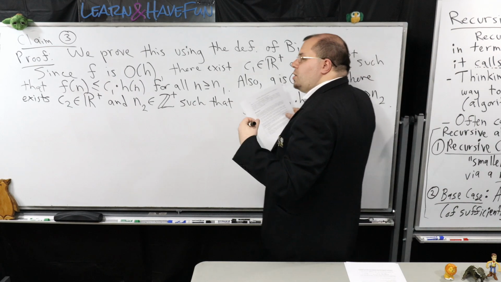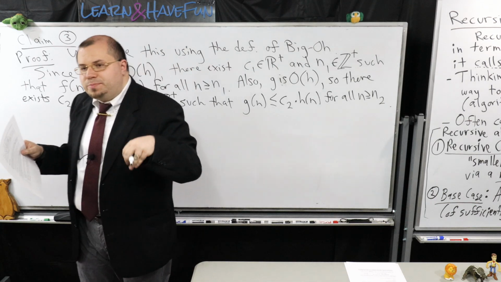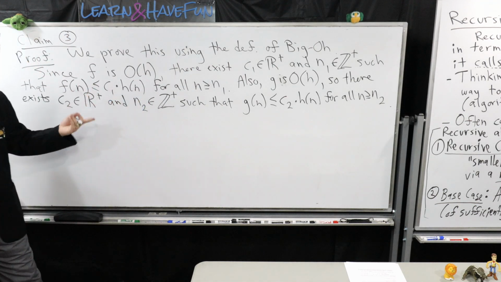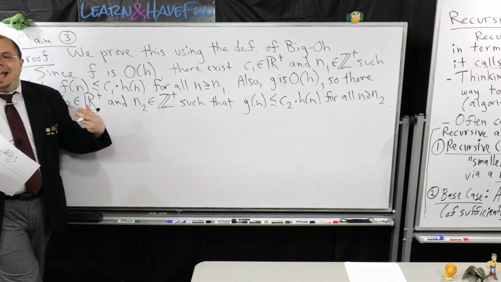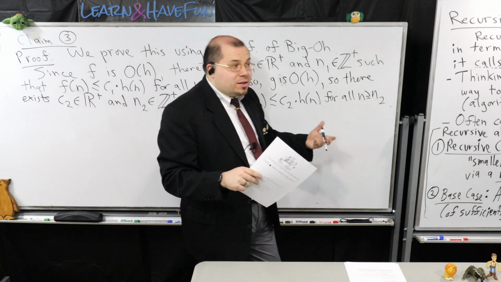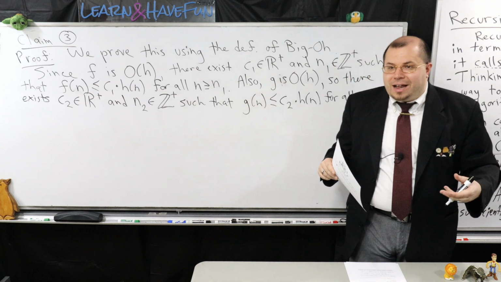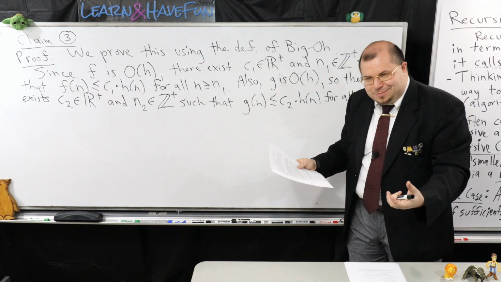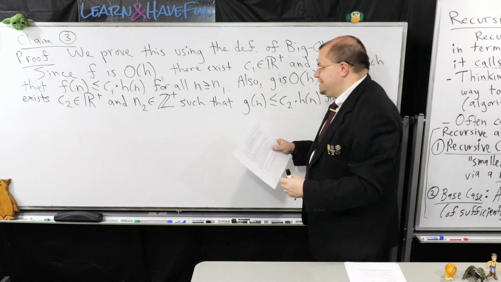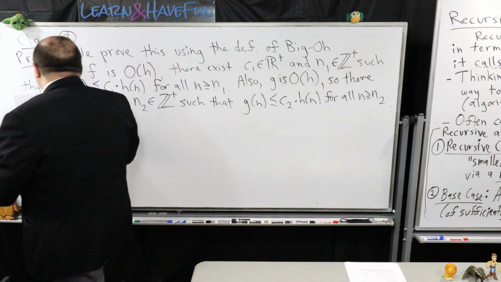Notice all I'm doing is using the definition of big O. Since I know these 2 things, I'm just writing them out, and as a bonus, I get constants out of it. They just fall right out of the definition. Now I'm going to collect up those constants and try using them.